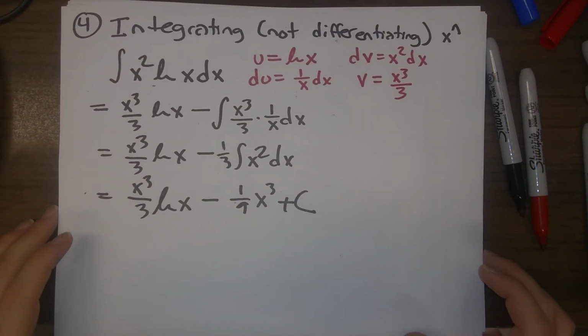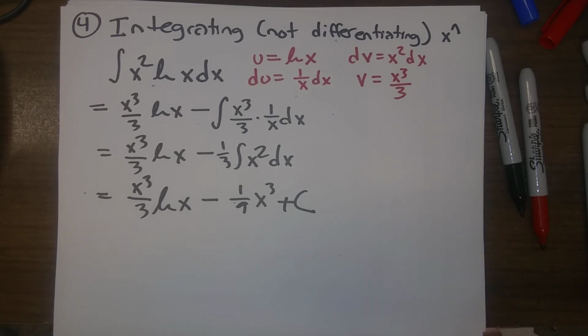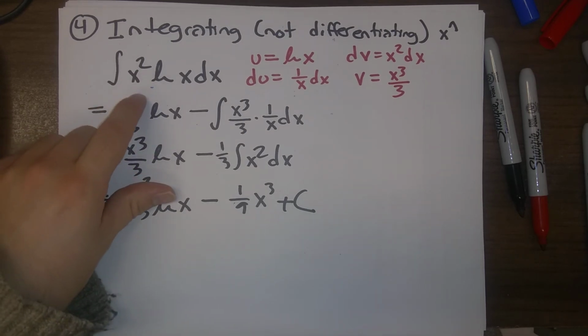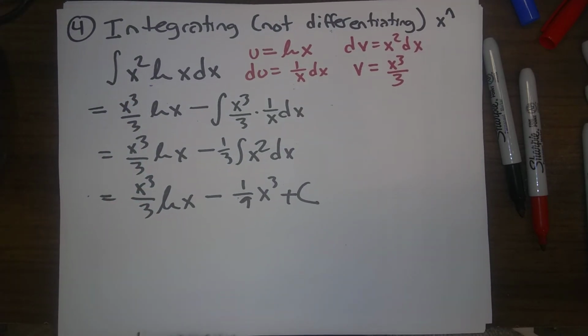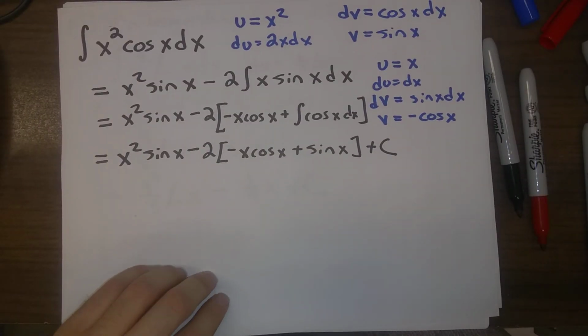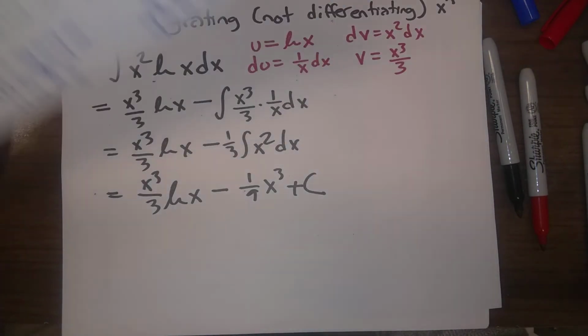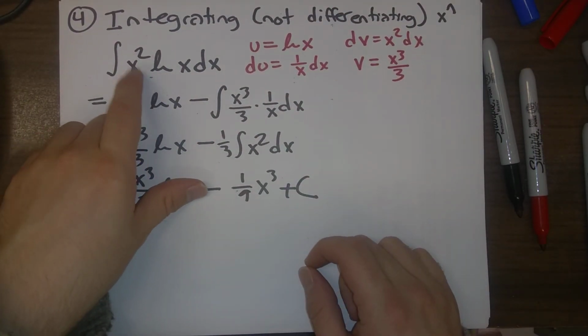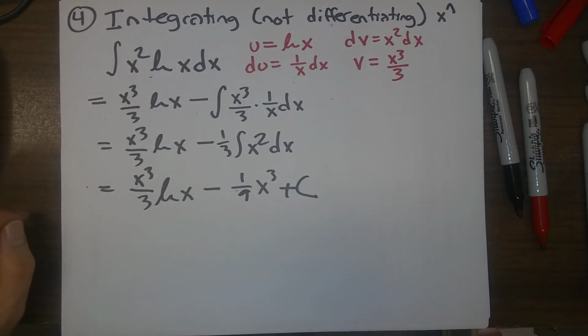One final trick to think about is we usually are most comfortable choosing, if we see a power of x here, to choose that to be u. If I go back a couple of slides, that's what we were doing here, choosing our power of x to be u. Sometimes we want to choose the power of x to be part of dv, and so we integrate instead of differentiate.